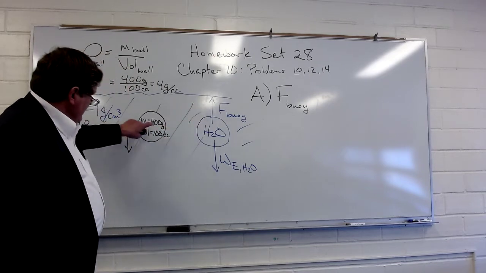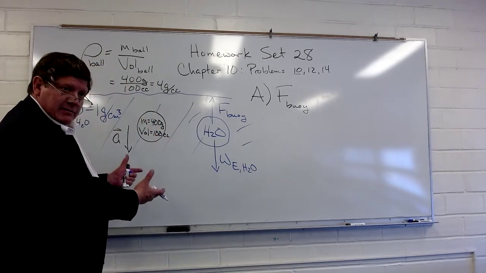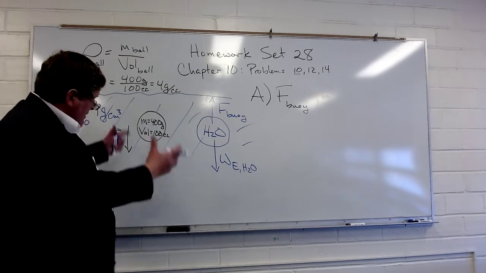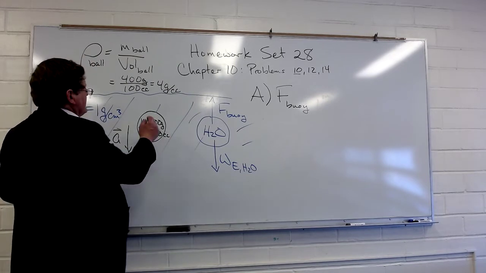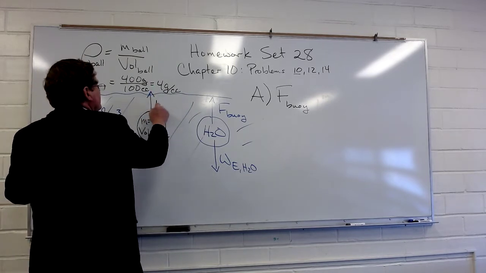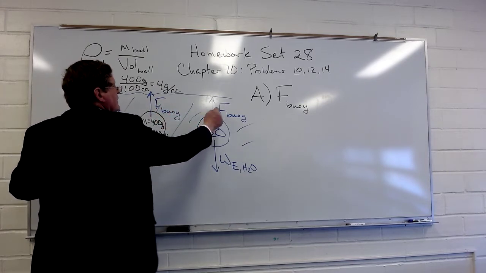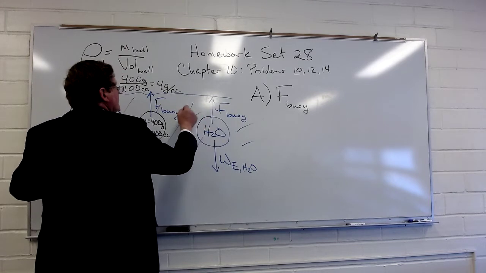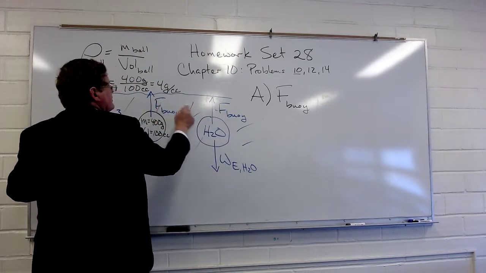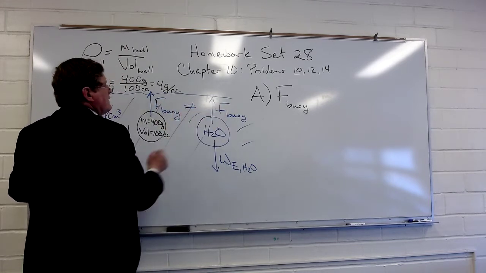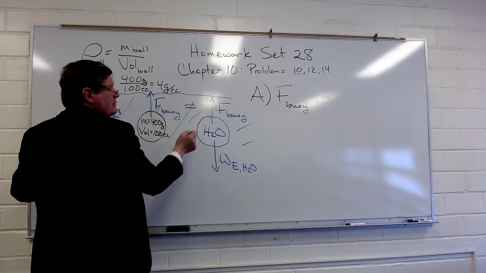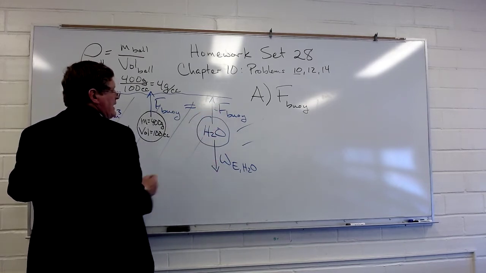And because of the same size and shape, surrounded by the same amount of water, pushing the same amount, that's going to give me the buoyant force on the block. In other words, this is equal to that. And by Newton's second law with zero acceleration, this is equal to that.